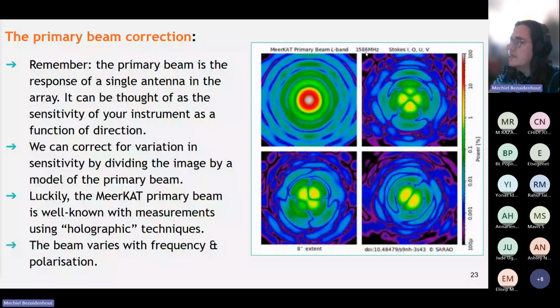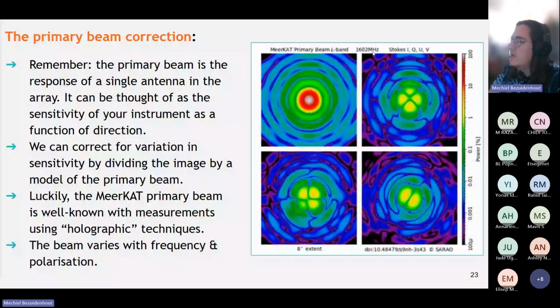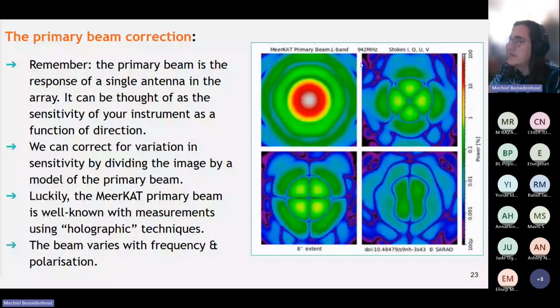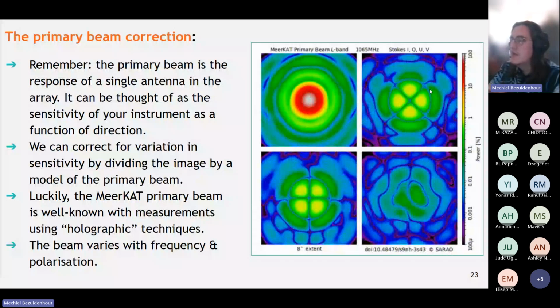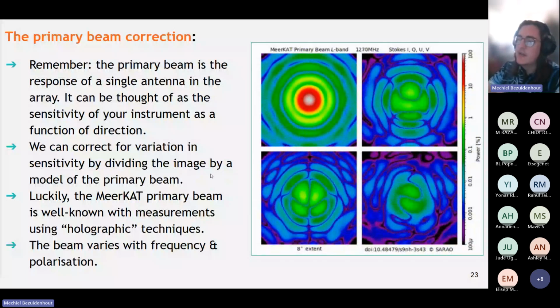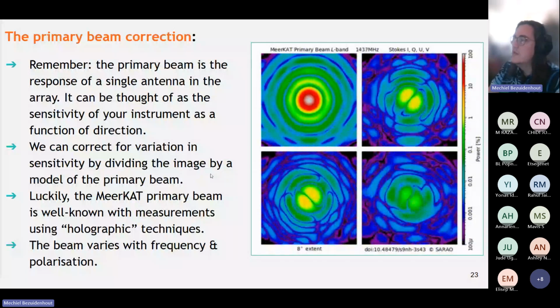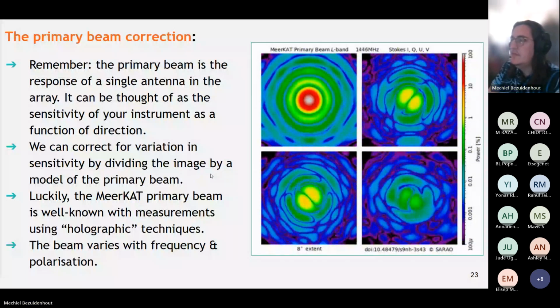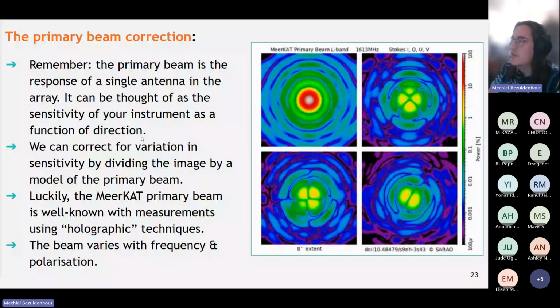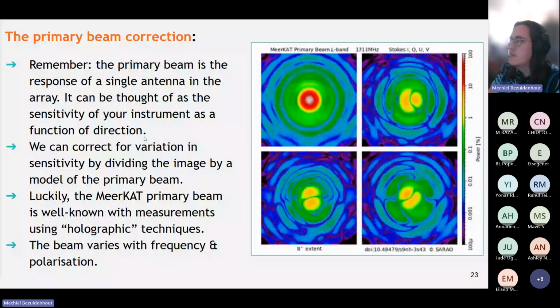So the top left is Stokes I, the total intensity, and then Stokes Q, U, and V. So depending on the polarization channel that you're making the image with, and depending on the frequencies that you're using, you have to change the model for the primary beam in order to correct for it. But this correction is usually built into any imaging software that you're going to use. So it's well taken account for.